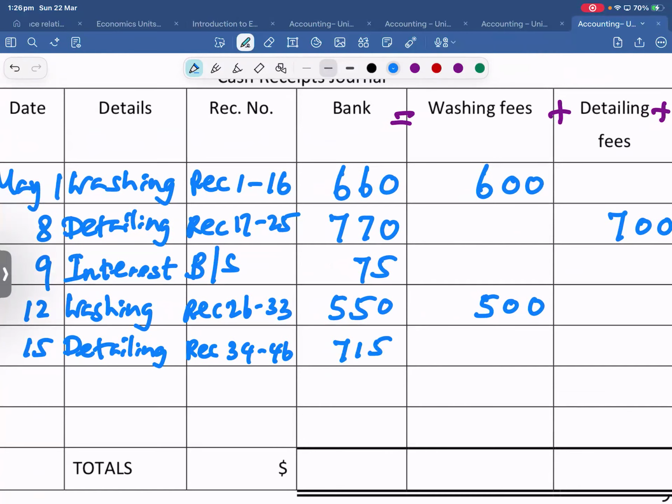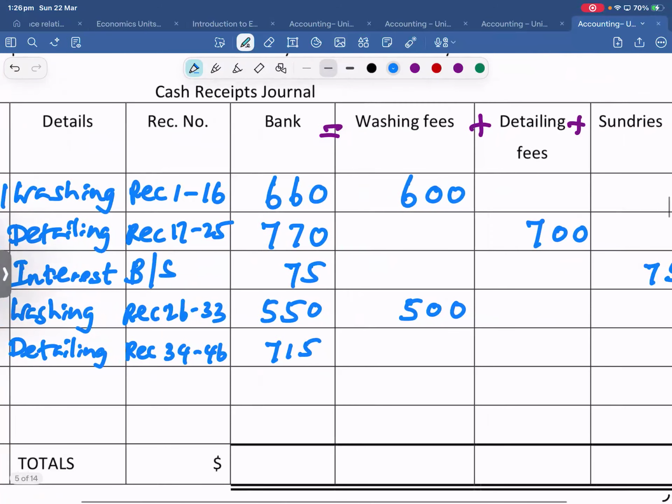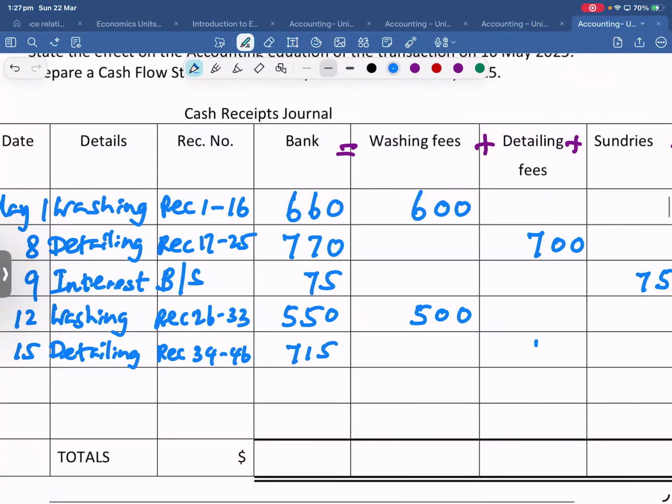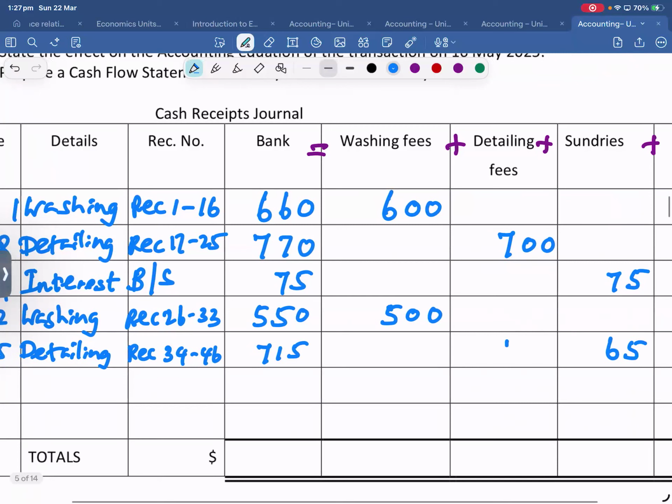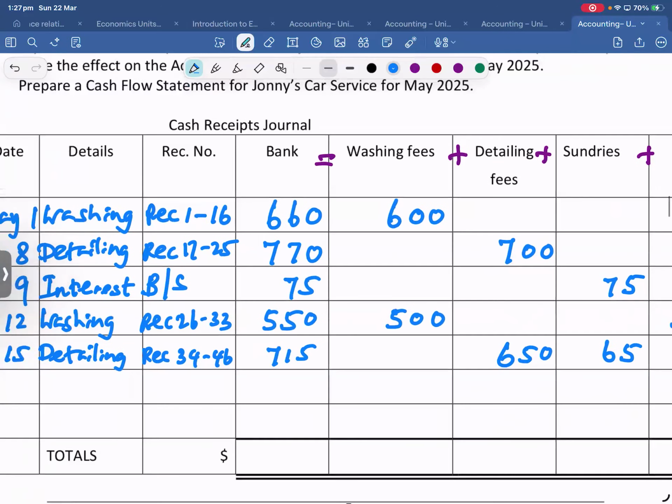Total 715. So how much is the detailing? Under 645. 650. Oh, yeah, 650.